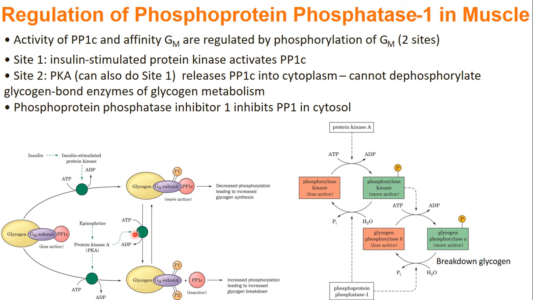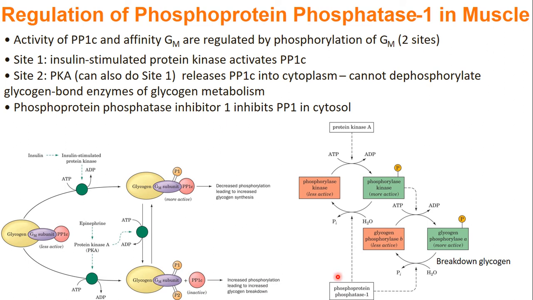So when PKA phosphorylates site 2, what happens is that the PP1C, the catalytic unit of PP1, is removed from the GM subunit. The PP1C goes off into the cytoplasm. In the cytoplasm, it can also bind something else to be further inhibited. So this PP1C is no longer working.